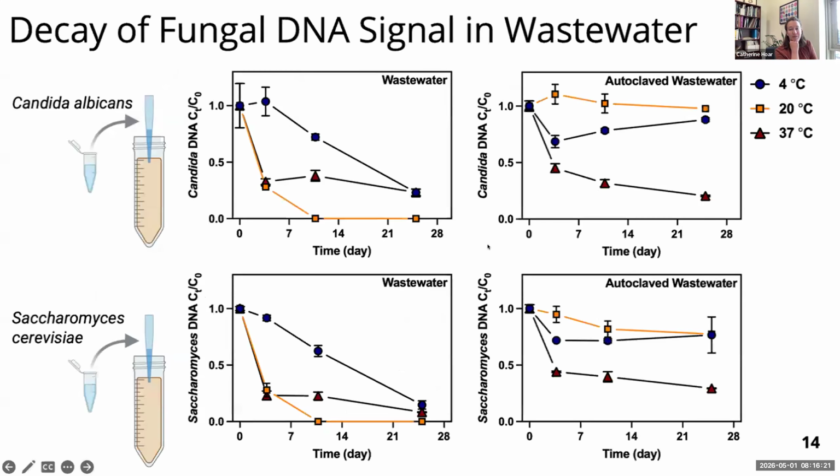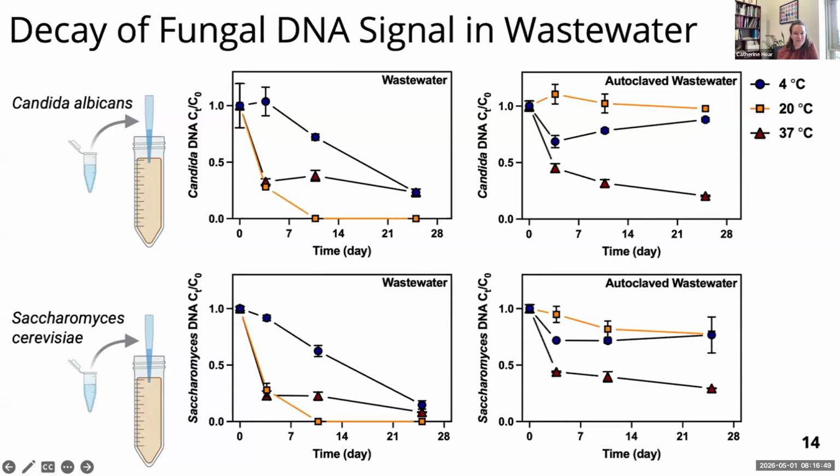Here are some results from a preliminary study we did looking at DNA signal from Candida species and Saccharomyces species in wastewater after spiking with either Candida albicans or Saccharomyces cerevisiae. We did these tests at 4 degrees, 20 degrees, and 37 degrees, looking at decay over time. I think we're seeing mostly what we'd expect in terms of the influence of temperature.